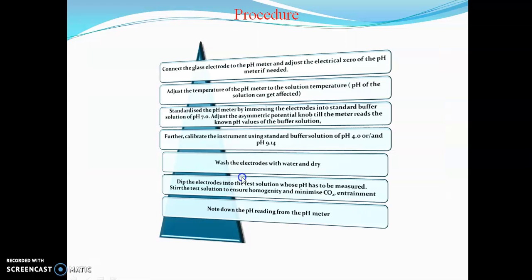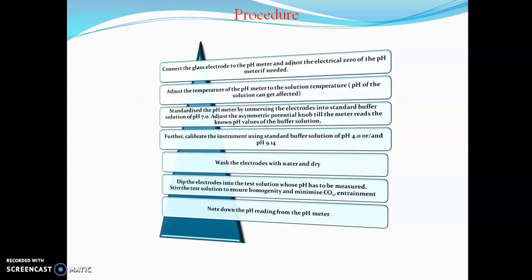Now come to the procedure. Connect the glass electrode to the pH meter and adjust the electrical zero of the pH meter. If required, adjust the temperature of the pH meter to the solution temperature.